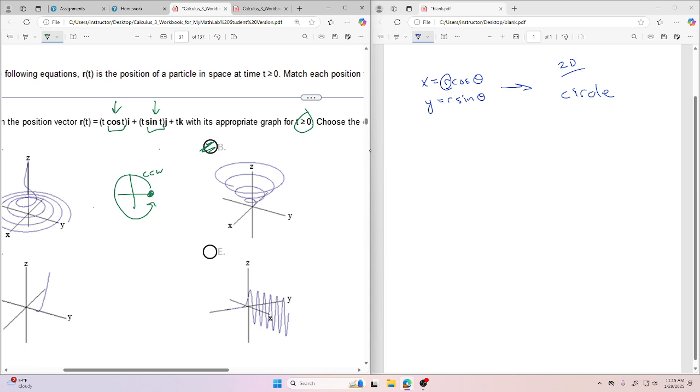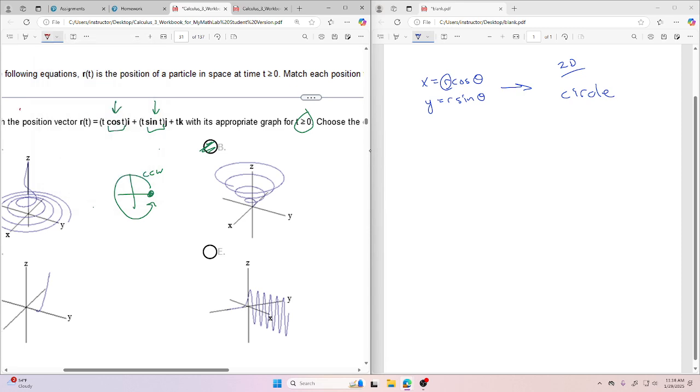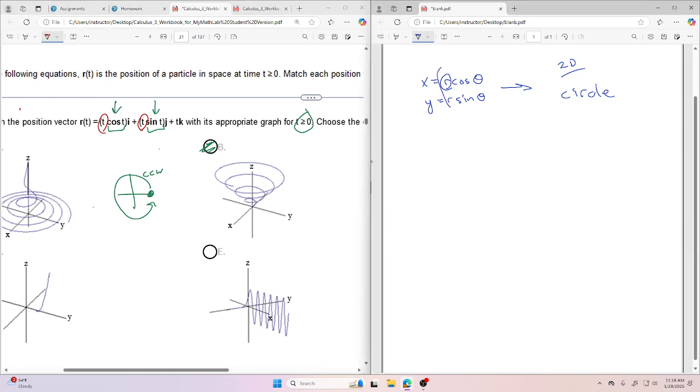Cool. But notice that this one's a little different than what I had because it has a t for its magnitude, right? That means the more t, the more time I'm going to be spinning around, but the radius gets bigger. And when I start, what's my radius at the very beginning, technically? T equals 0, radius equals 0. That's at radius stuff.